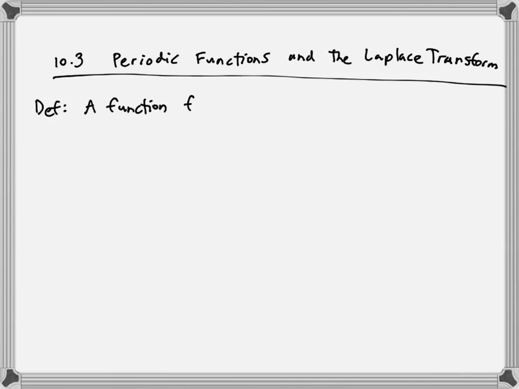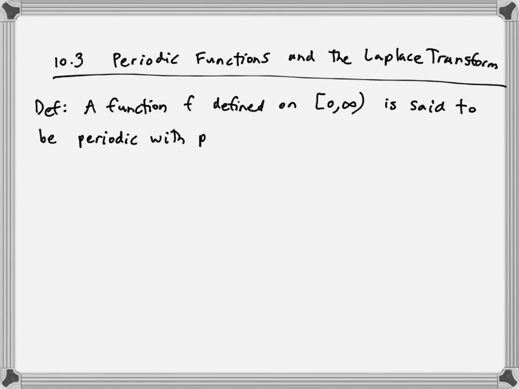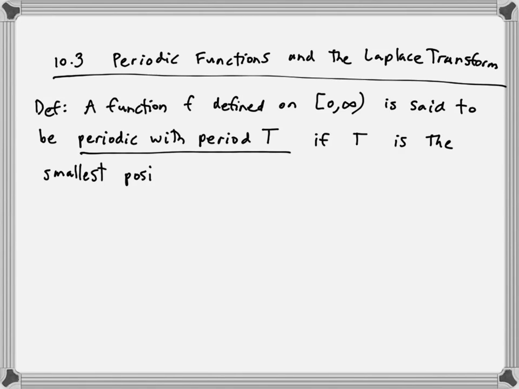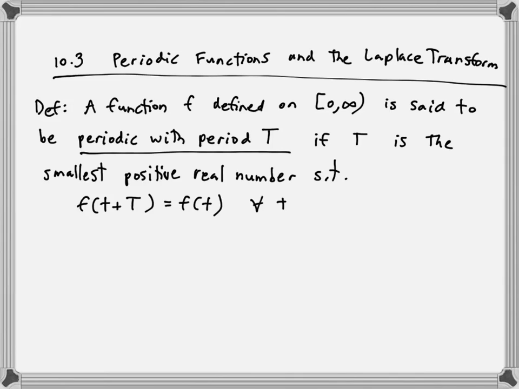A function f defined on 0 to infinity is said to be periodic with period T if T is the smallest positive real number such that f of t plus capital T is equal to f of t for all t greater than or equal to 0.